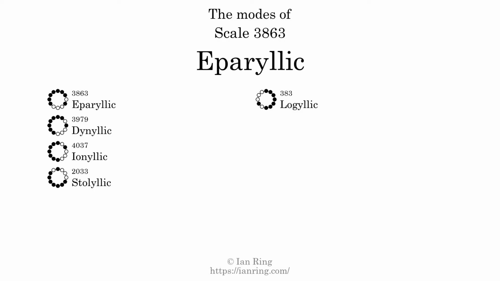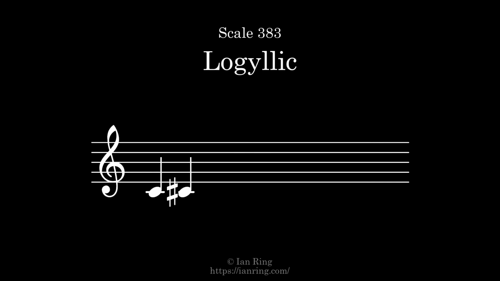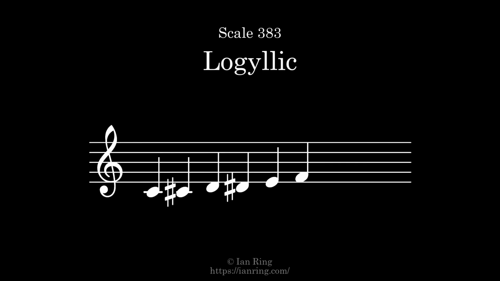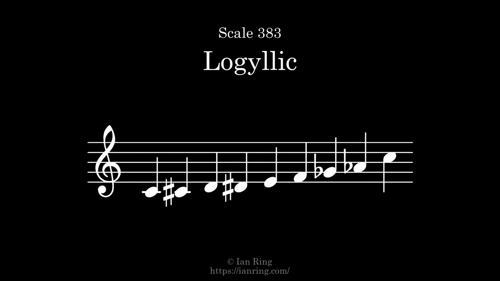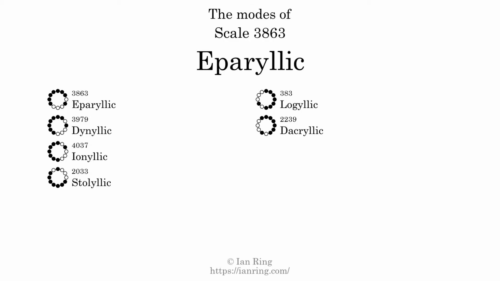The fifth mode is scale 383, also known as Eparyllic. It sounds like this. The sixth mode is scale 2239, also known as Eparyllic. It sounds like this.